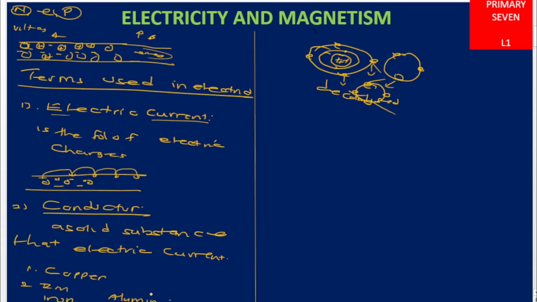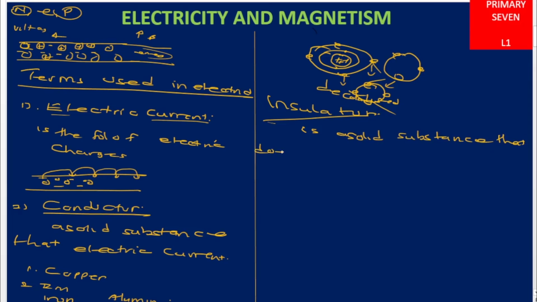Then after that we are going to look at another term, and this term is called insulator. An insulator is a solid substance that does not allow electric current to pass through it.